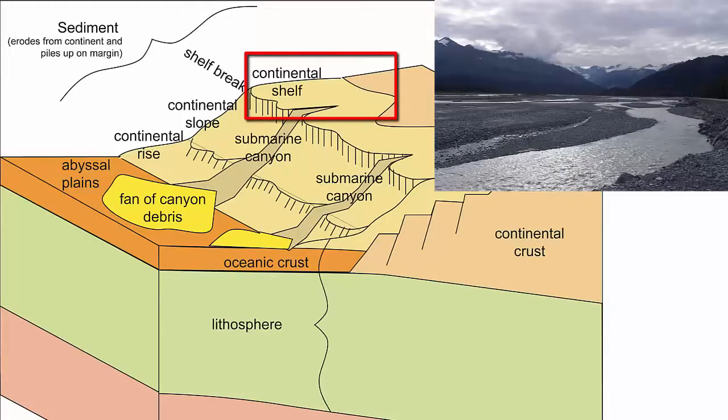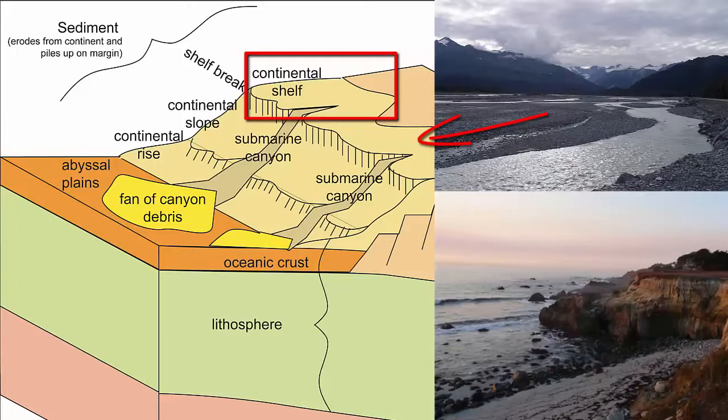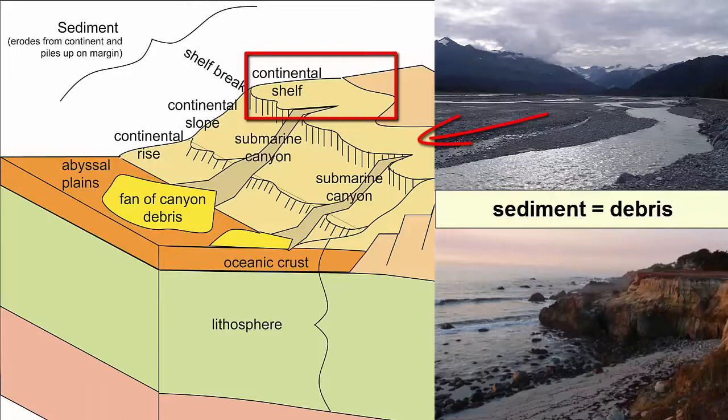The continental shelf is made from sediment that collects along the coast by rivers and gravity carrying it to the oceans. Sediment is just another way of saying debris, bits and pieces of rock, mineral, and organic material that collects atop low-lying areas. Since the ocean is the lowest lying area in the world, it should be completely covered with the constant raining down and piling up of this debris or sediment, and it is.